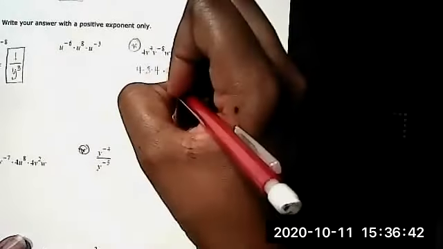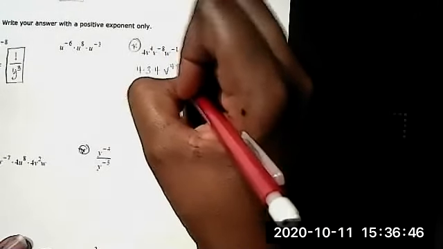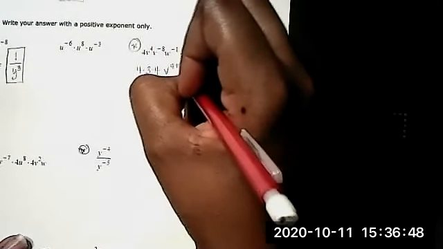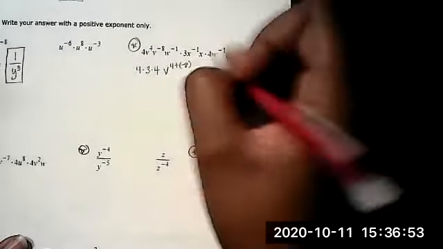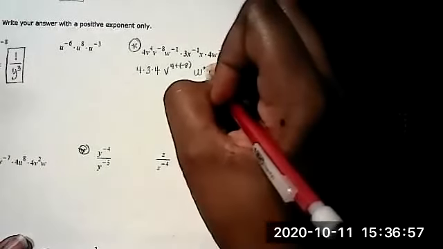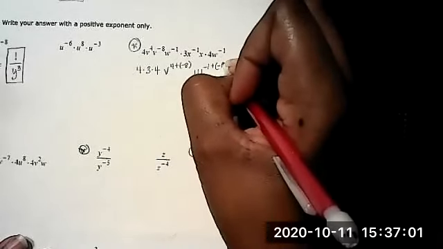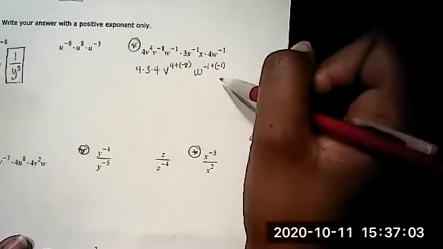But with the bases, we have to add the ones that are alike. So we're going to add 4 plus negative 8, which is minus 8. I hate to say plus negative. And those are the v's. The w's, there's a negative 1 plus what? Negative 1? I see a negative 1 there.